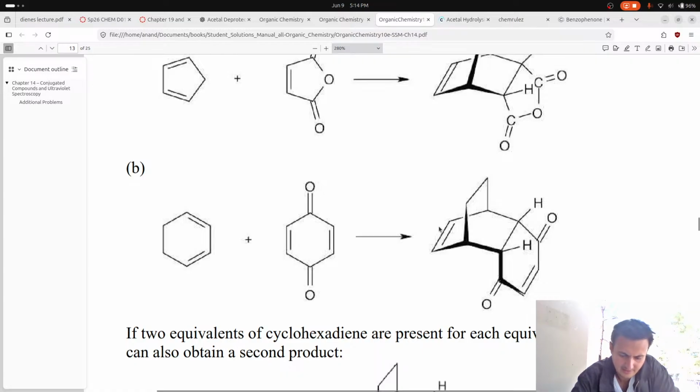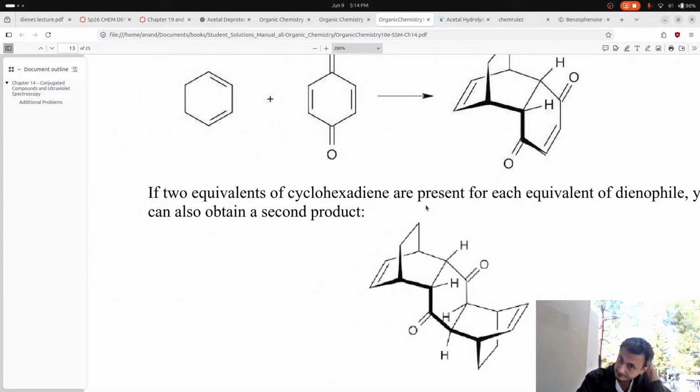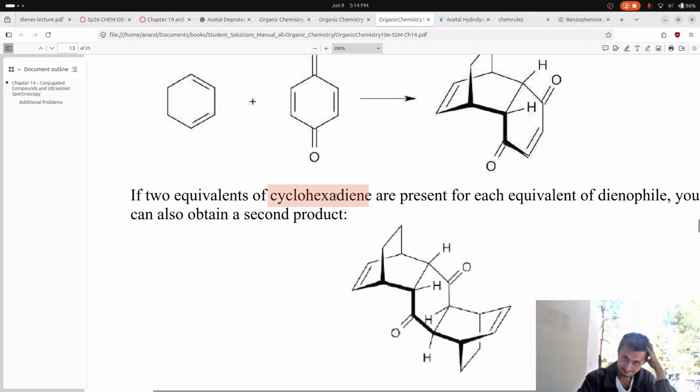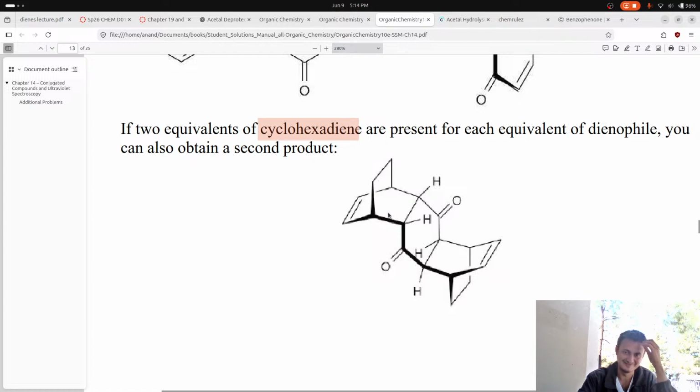And the naming of bicyclic things is totally messed up. Dude, imagine trying to draw this on an exam.